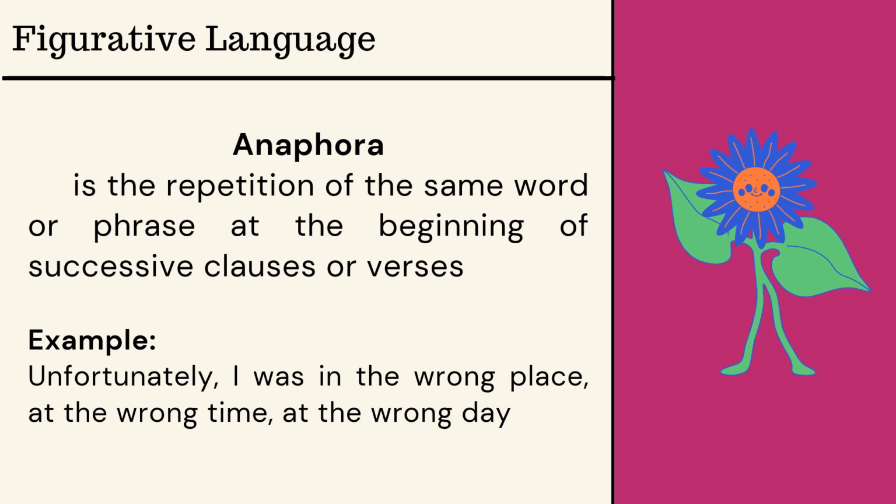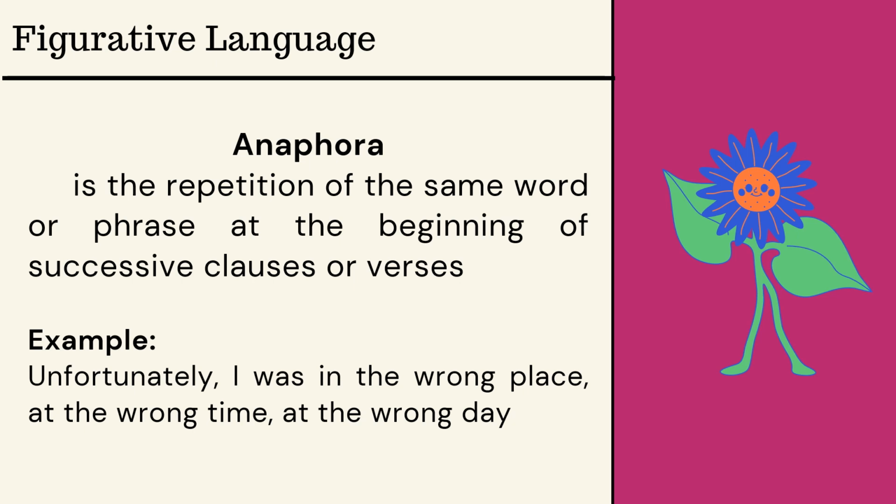Anaphora is another repetition, but what makes it different from alliteration is that here in anaphora, what is being repeated is a word or a phrase at the beginning of successive clauses or verses. So in alliteration, what we are just repeating is the initial consonant sound. But in anaphora, what we are repeating is a word or phrase at the beginning of successive clauses or verses. Like for example, unfortunately, I was in the wrong place at the wrong time on the wrong day.